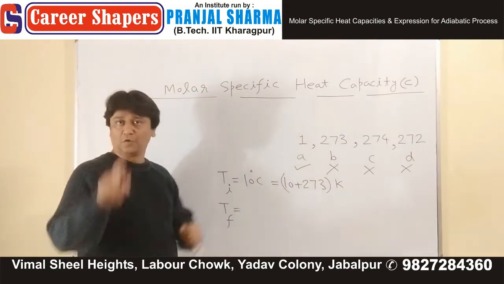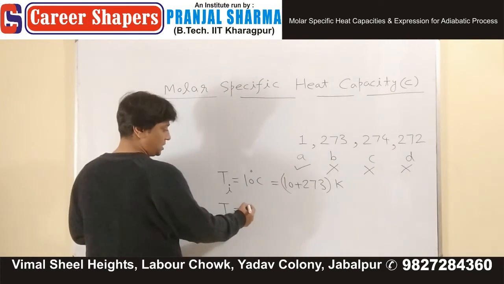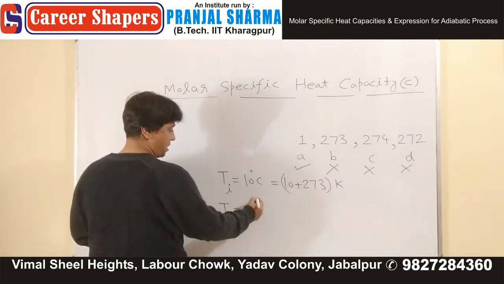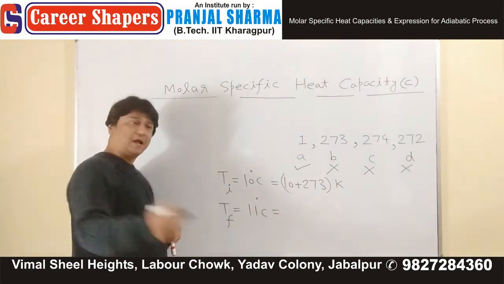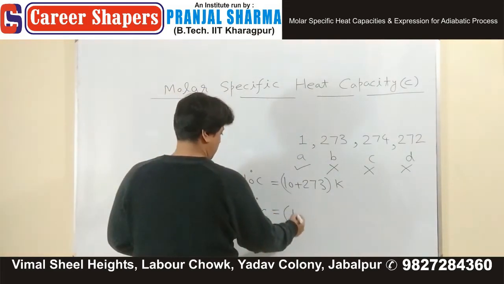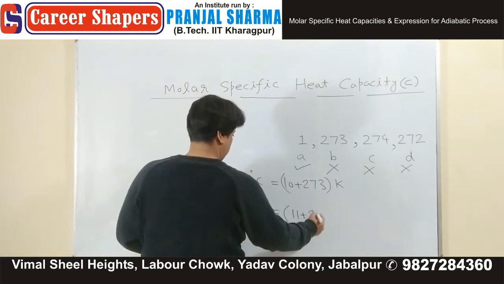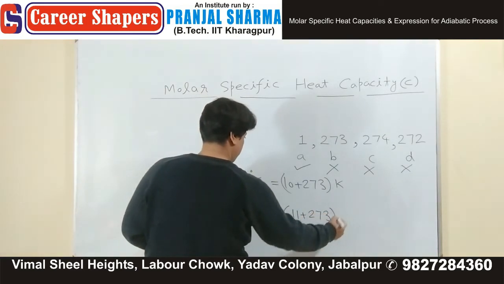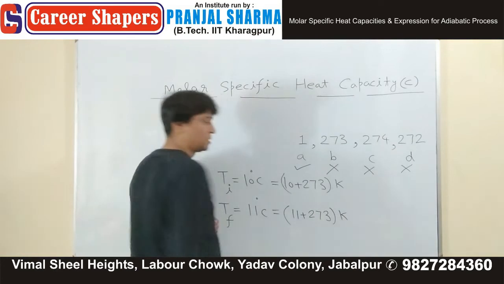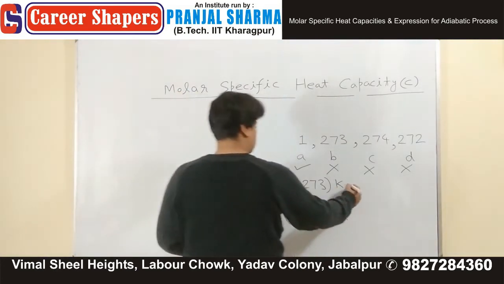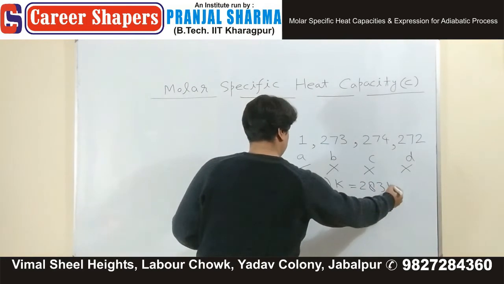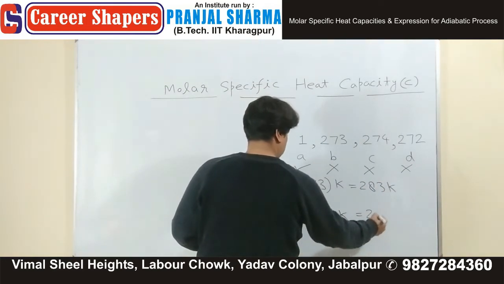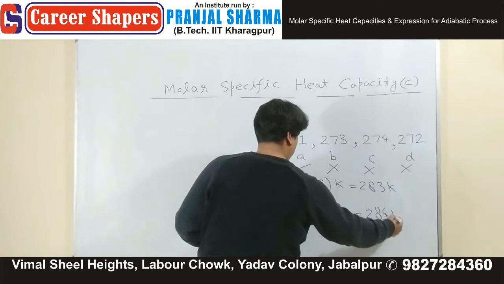An increment of 1 degree Celsius means 11. What is 11 in Kelvin? 11 plus 273. So this is 283 Kelvin, and this is 284 Kelvin.